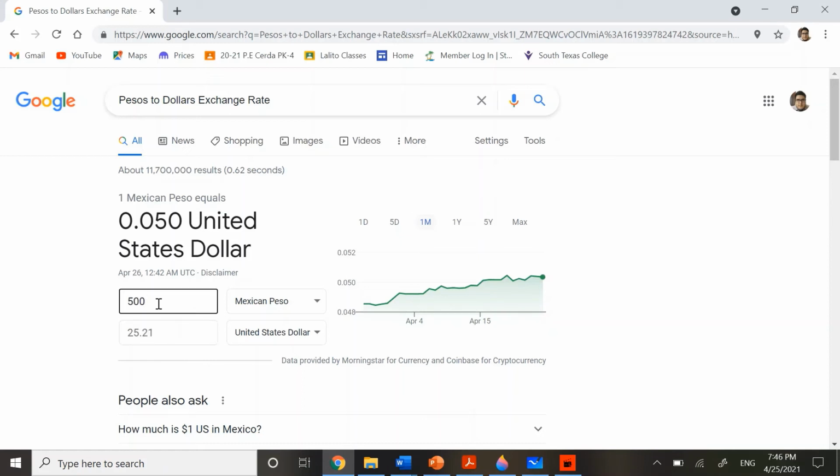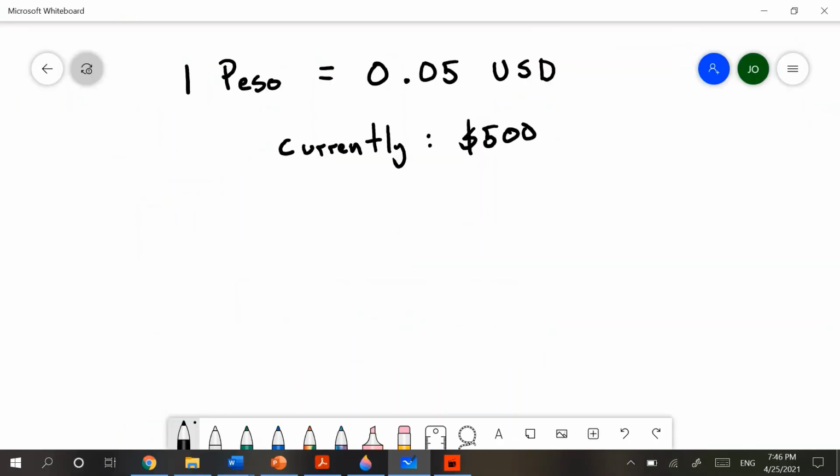Let's take the numbers that we have here and see if we can get to the same number that the calculator gets to. So how can I put these two numbers together and get the $25 roughly that the calculator got? Well, it's easy. I can just take this number and multiply it times the exchange rate.